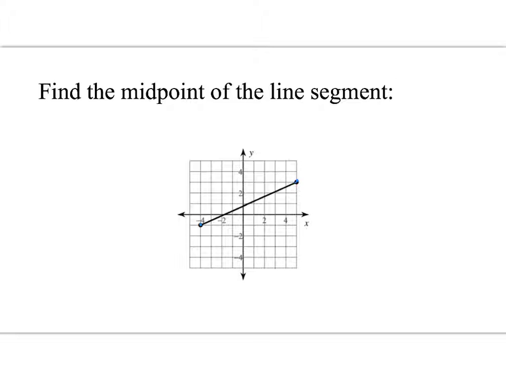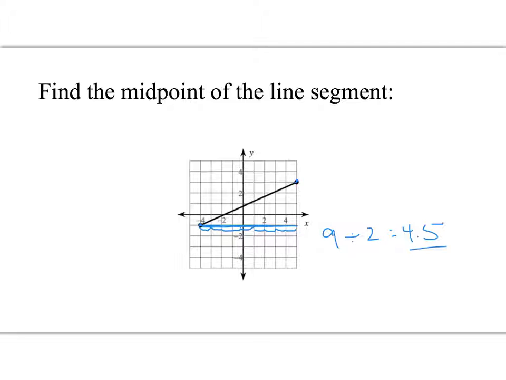And we can think a little bit about, okay, well, what's the change in x over this line segment? You can just easily count that. 1, 2, 3, 4, 5, 6, 7, 8, 9. So we know that the midpoint is going to happen at 4.5 because 9 divided by 2 is 4.5.